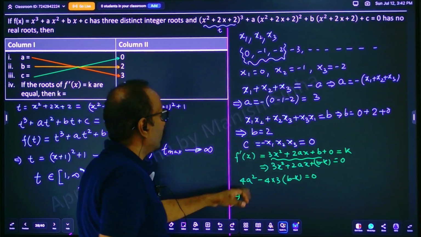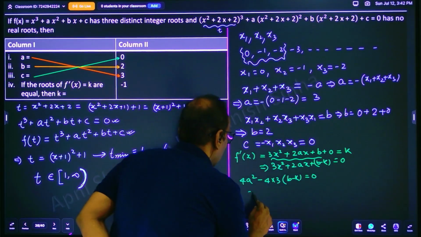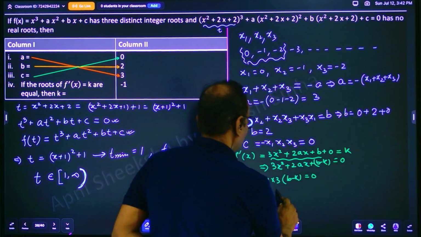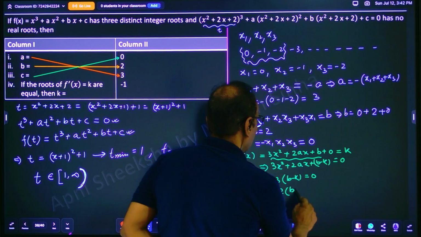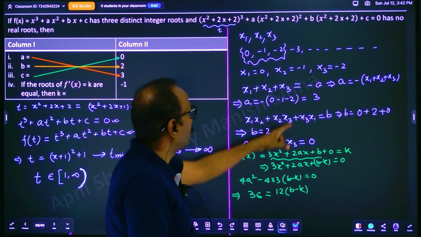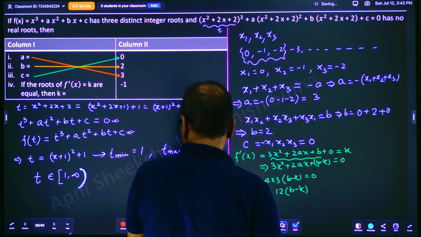Put the value of a is 3, so this is 36. Take this on the other side, so this is 12 into b minus k. B is 2, so put the value of b as well.